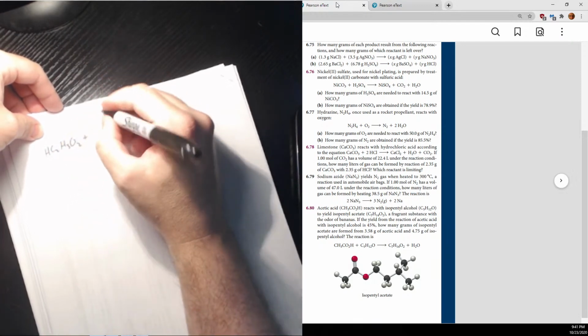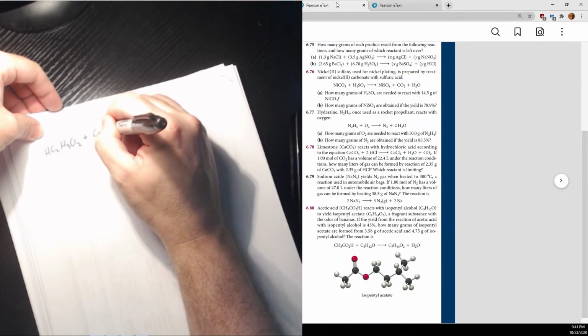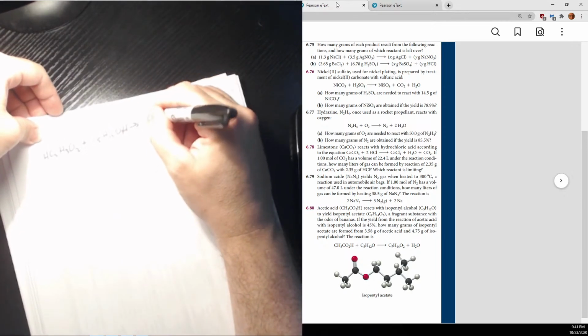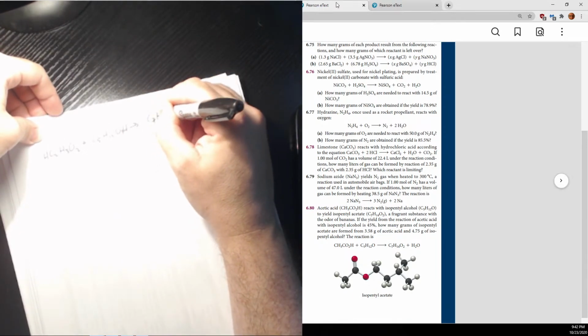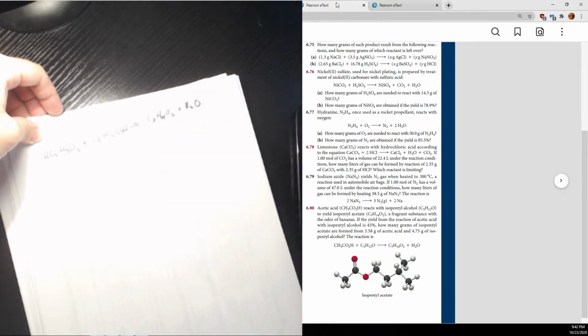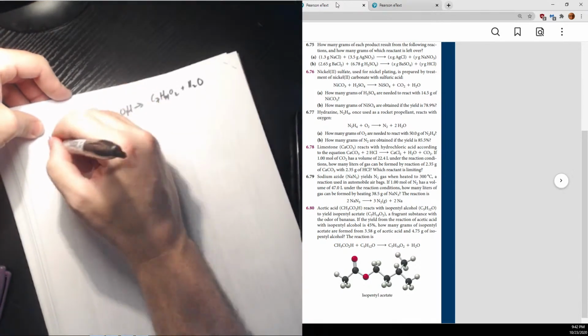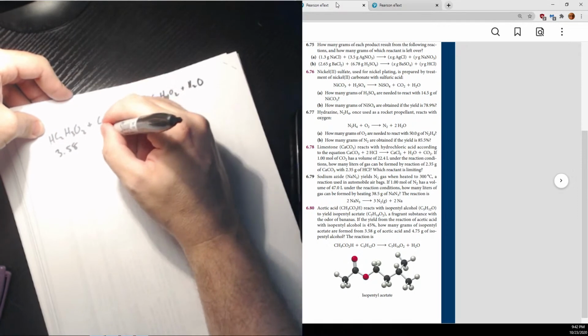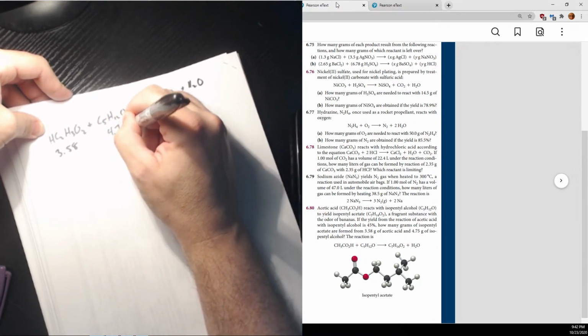HC2H3O2 plus C5H12OH yields C7H14O2 plus H2O. Okay, we have how many grams of each? 3.58 and 4.75.